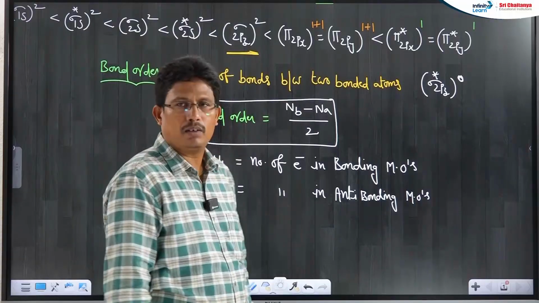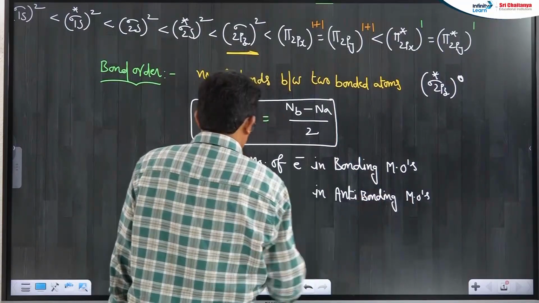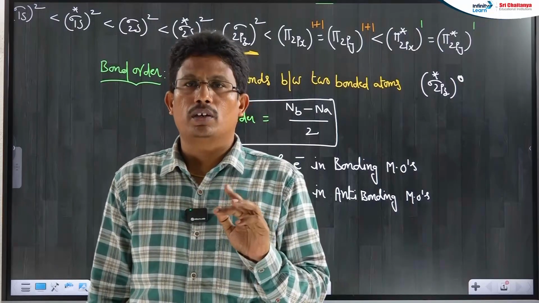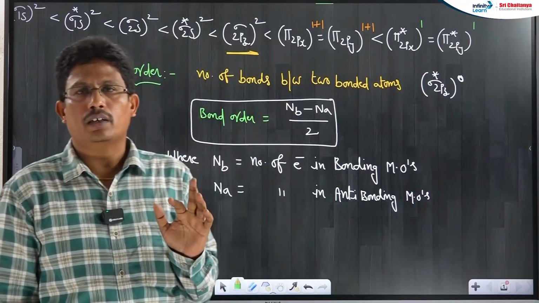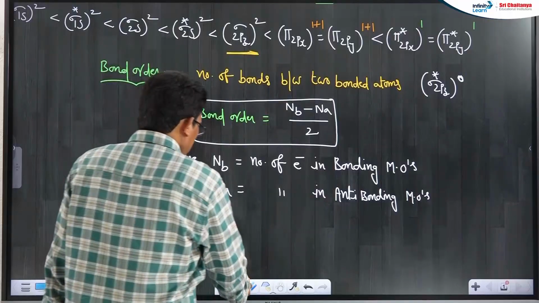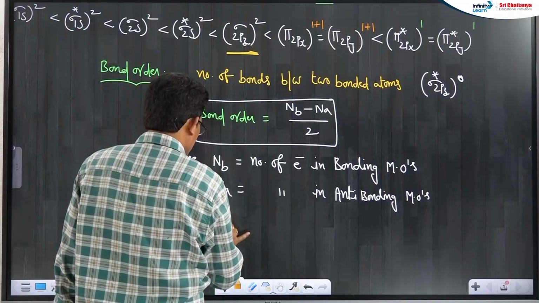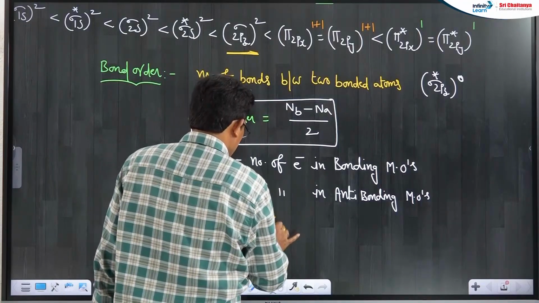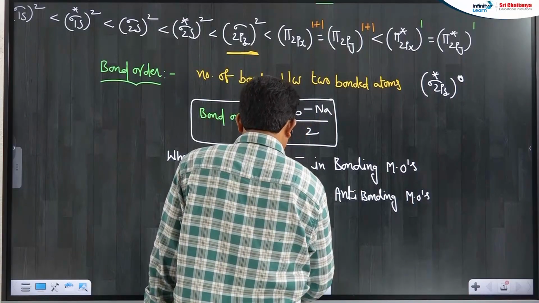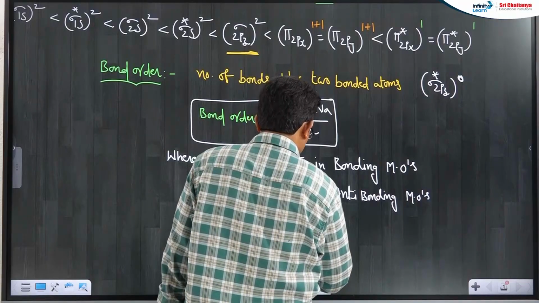After finding bond order, if bond order is 1, single bond is present between two atoms, 2, double bond is present, 3, triple bond is present. Bond order is directly proportional to number of bonds. Number of bonds increases, bond order also increases.